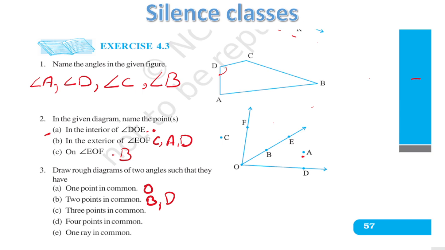So let's draw a diagram. Let's take a diagram like this. We write A, B, and C, and give the name D over here.